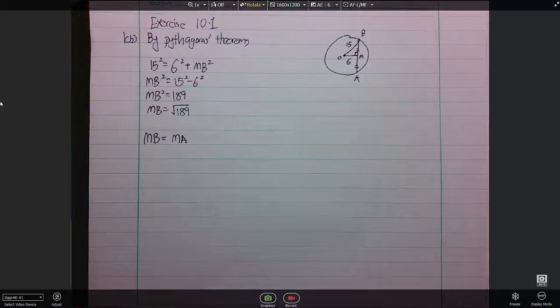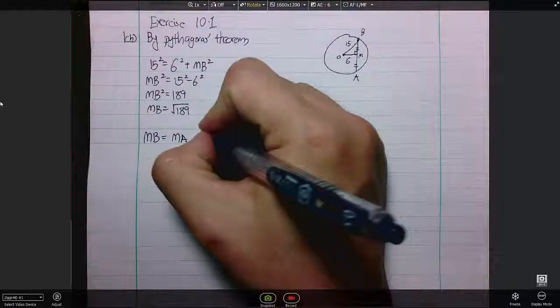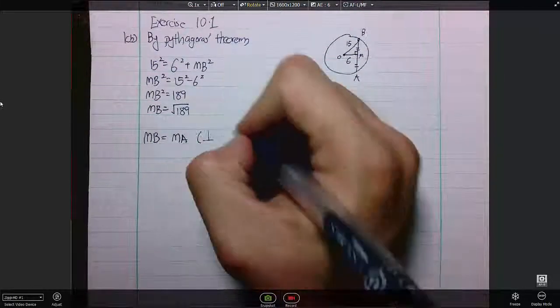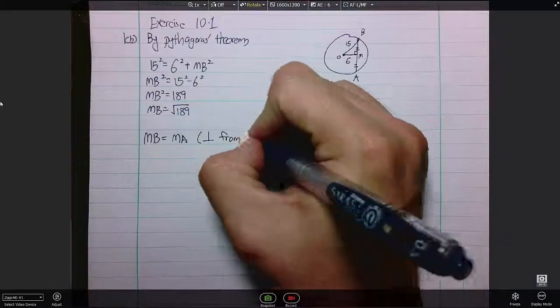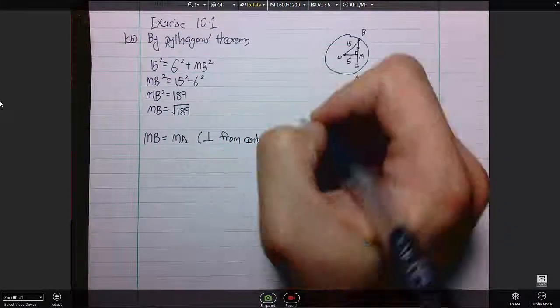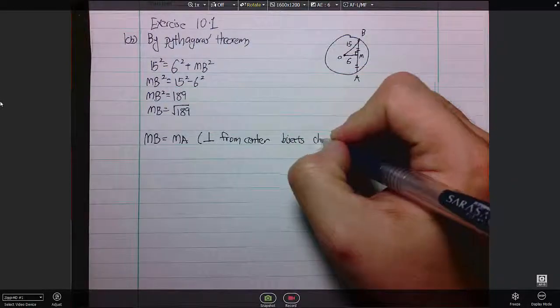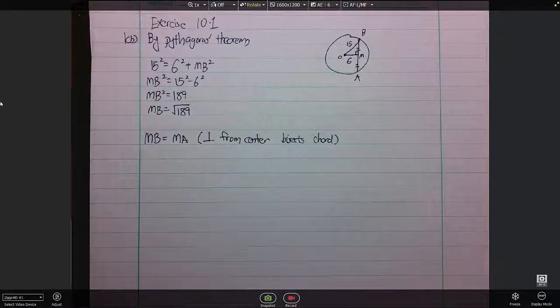So how will that help us in this case? Once we know this, we write down the abbreviation here: perpendicular from center bisects chord. Now that we know that MB equals MA, and also reasoning is very important, please remember to write down your reasons when you do your work.